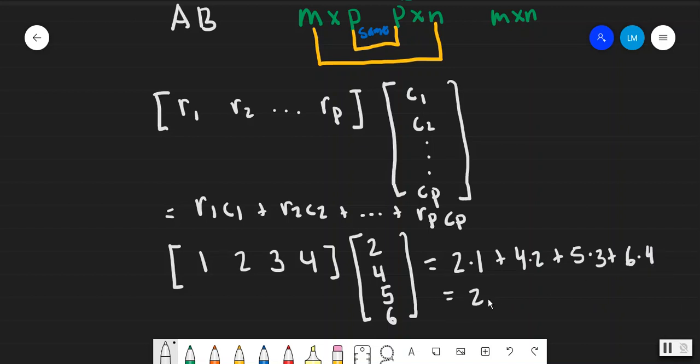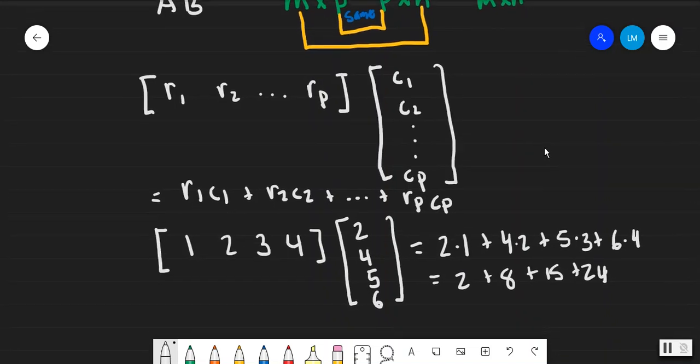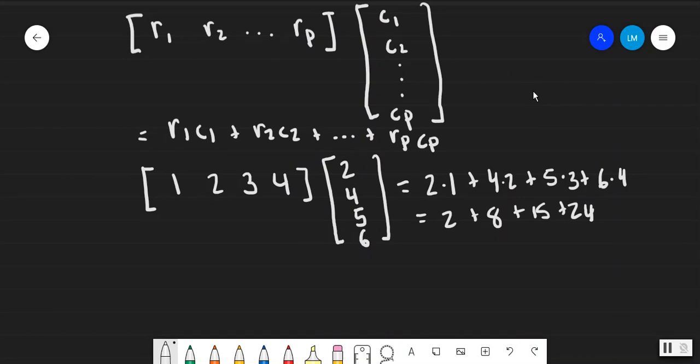So what this does is it gives us 2 plus 8 plus 15 plus 24, which we can add to be 49.